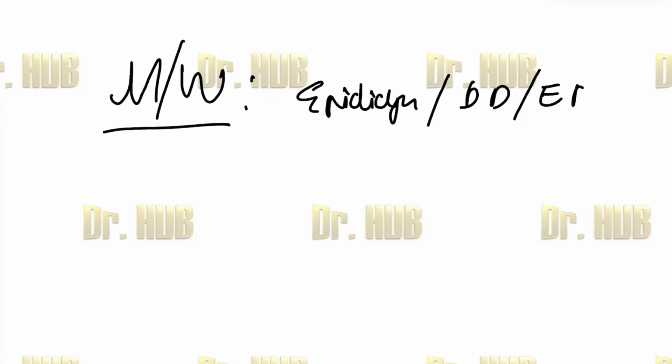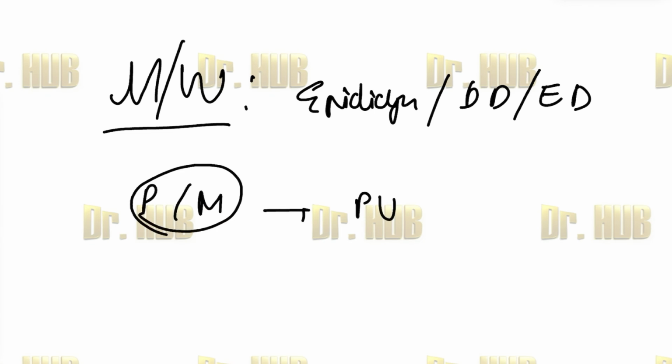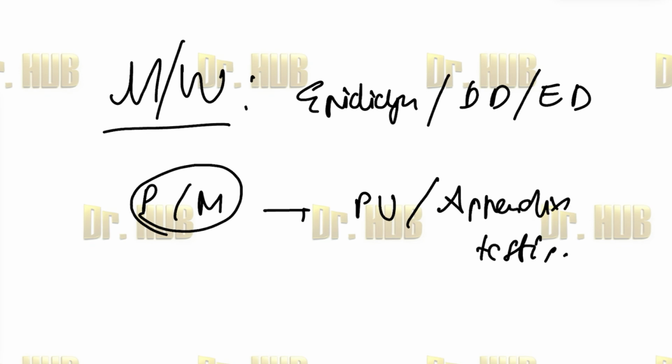This gives rise to the epididymis, the ductus deferens as well as the ejaculatory duct. Next, talking about the paramesonephric or the Mullerian duct. Here there is a prostatic utricle and the appendix of the testis. Appendix of the testis is a remnant structure.